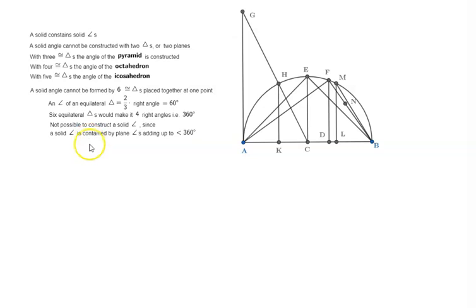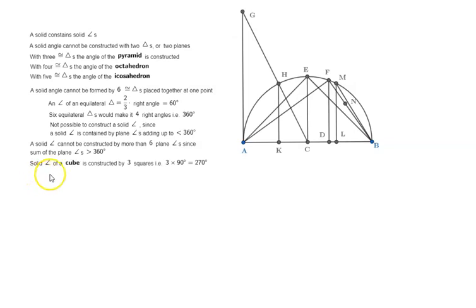And we have already seen that it is not possible to construct a solid angle in that case, since a solid angle is contained by plane angles adding up to less than 360 degrees. Here it is becoming equal to 360 degrees. Now, a solid angle cannot be constructed by more than 6 plane angles, since the sum of the plane angles would become greater than 360 degrees.